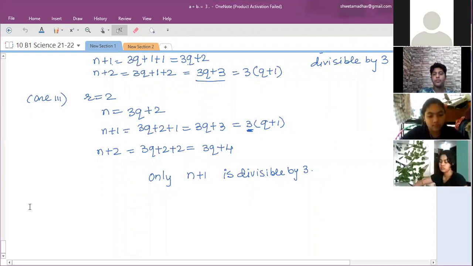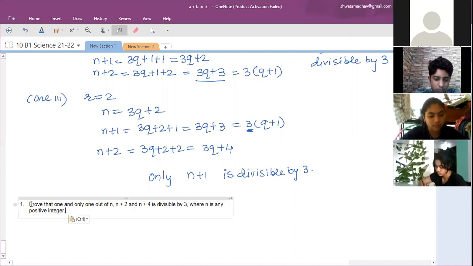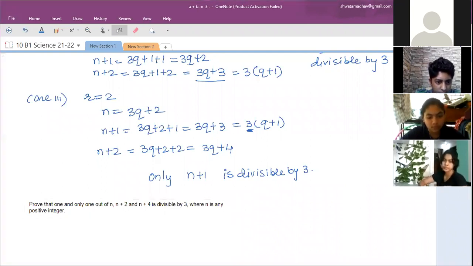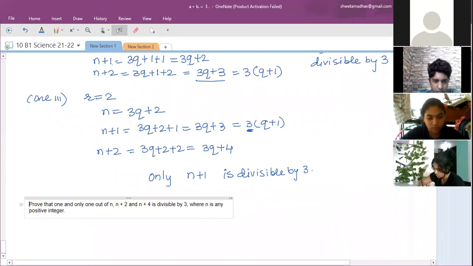Now in exactly a similar way, can you prove this? Yes, ma'am. But n plus 2 and n plus 4 are not three consecutive integers. No, here they are not consecutive.